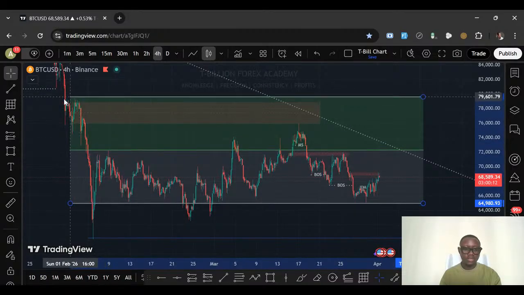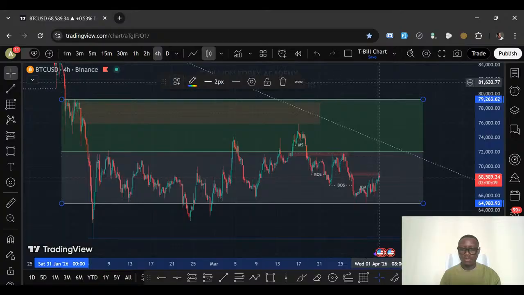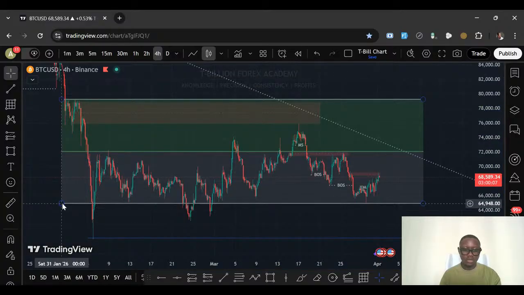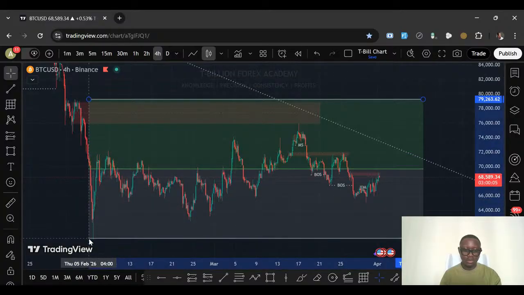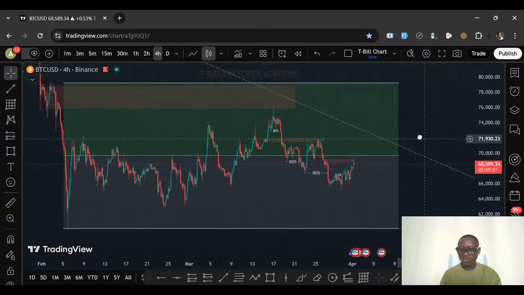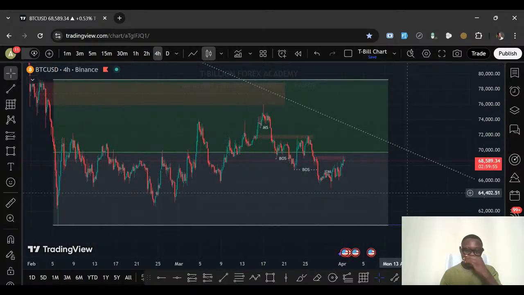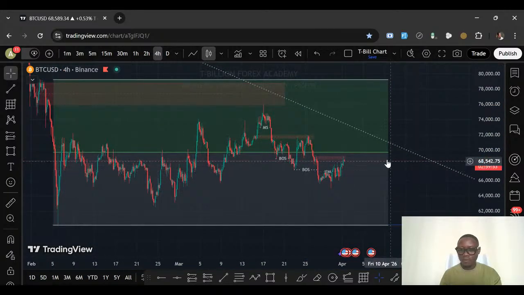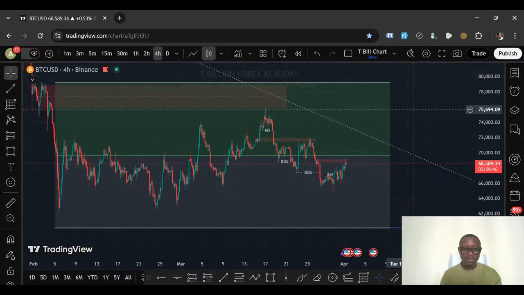So basically, to get my discount and premium zone, this is what I should do. Where we plan to sell is still within a discounted zone, which may not be the best price to sell at. So if we're taking a sell at this point, we want to keep our profits not so ambitious.